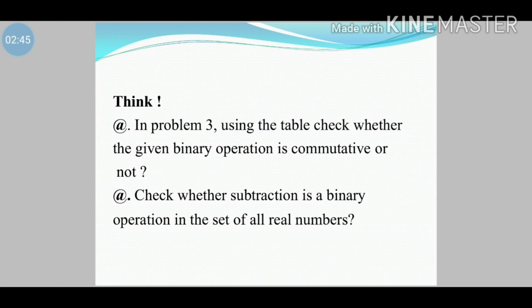In problem 3 of Part 1, the problem was Z6 with addition modulo 6. Using the table we already drew there, we check whether the given binary operation is commutative or not. The second question is to check whether subtraction is a binary operation on the set of all real numbers. We already saw that addition and multiplication are associative and commutative binary operations on the set of all real numbers.